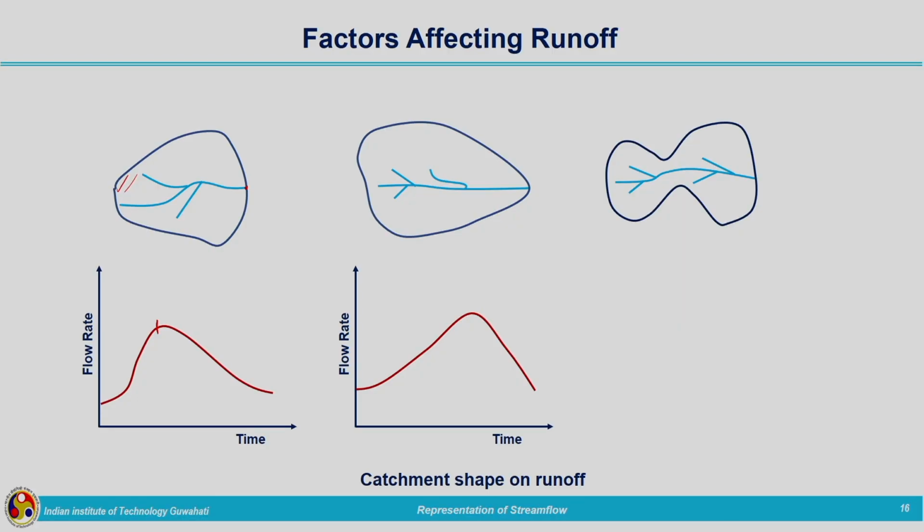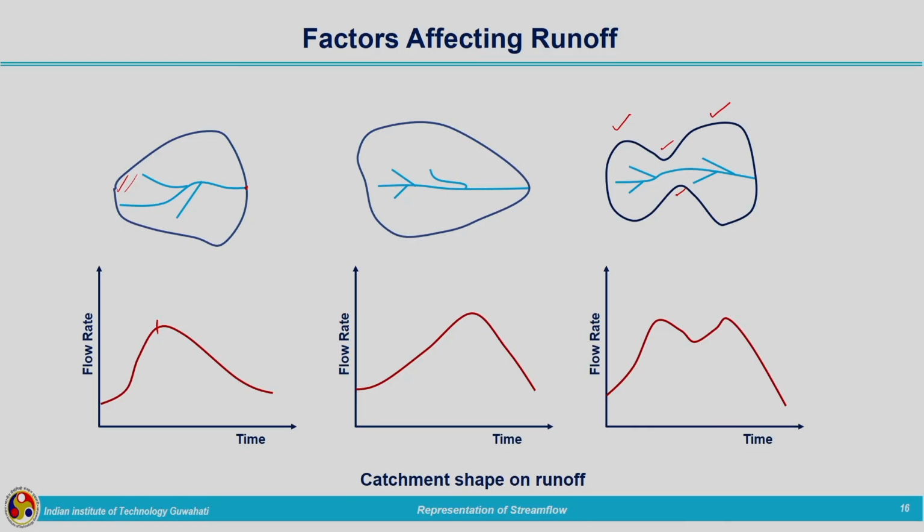Now, in this case, third one, how it will be? In the case of third one, you can understand that we are having maximum area here, and also we are having large area compared to the central portion. So, in this case, the hydrograph will be having multiple peaks. That is, initial area contribution will be high. Then because of the reduction in area, the contribution is reduced.